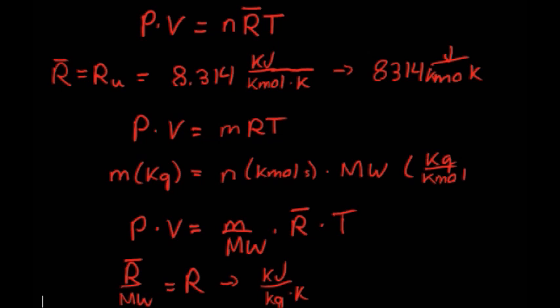Additionally, I wanted to show you guys some other forms of this relationship as well. I already said this is pressure times volume is equal to the number of moles times the ideal gas constant times the temperature. Or you can write down pressure times the volume equals mass times R bar over molecular weight times the temperature.